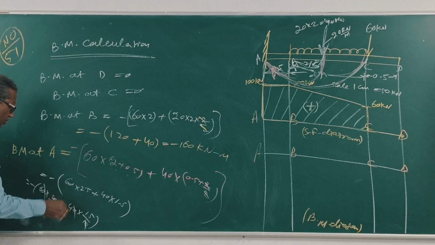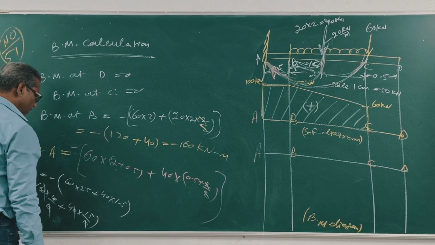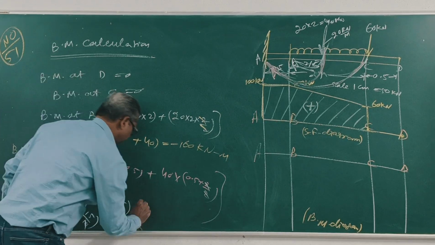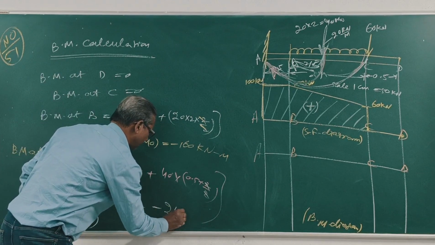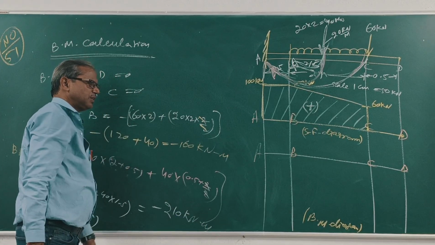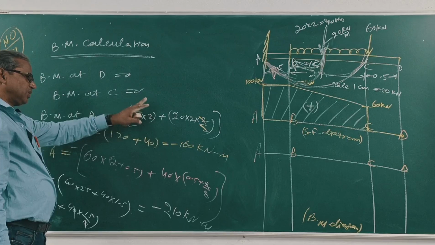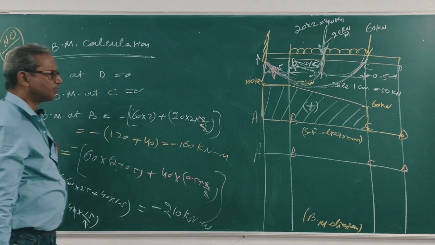So 150 plus 60, 210. This is minus 210 kilonewton meter. Right? This is minus 210, minus 160, 0, 0.